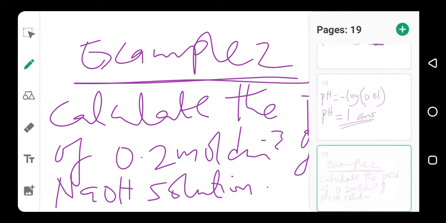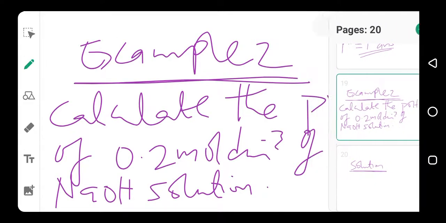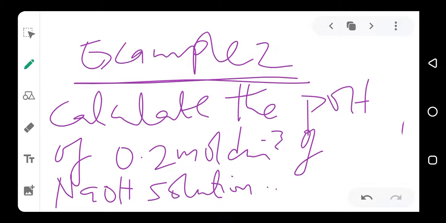Now to solve this, again the first step is to write the equation for the ionization. Now looking at this, sodium hydroxide is a base. So a base ionizes and acid ionizes.